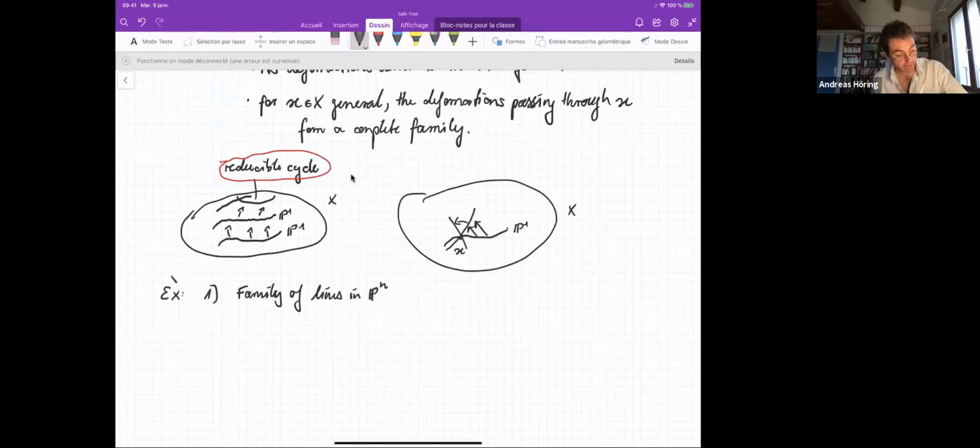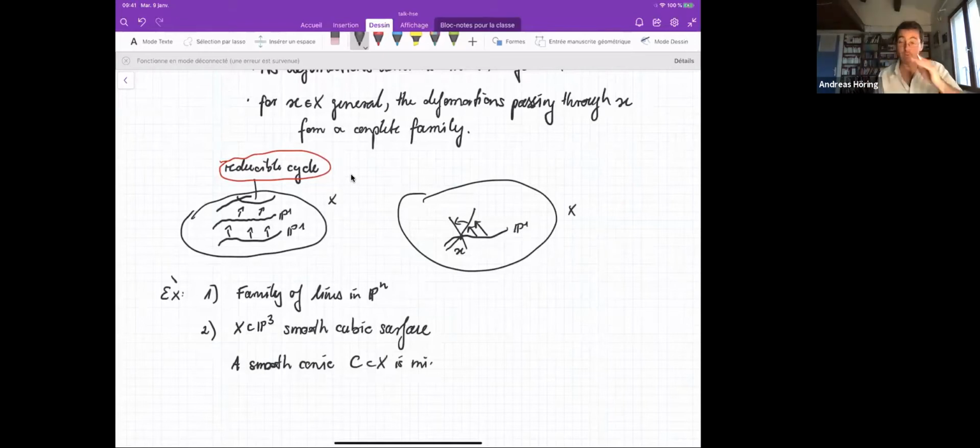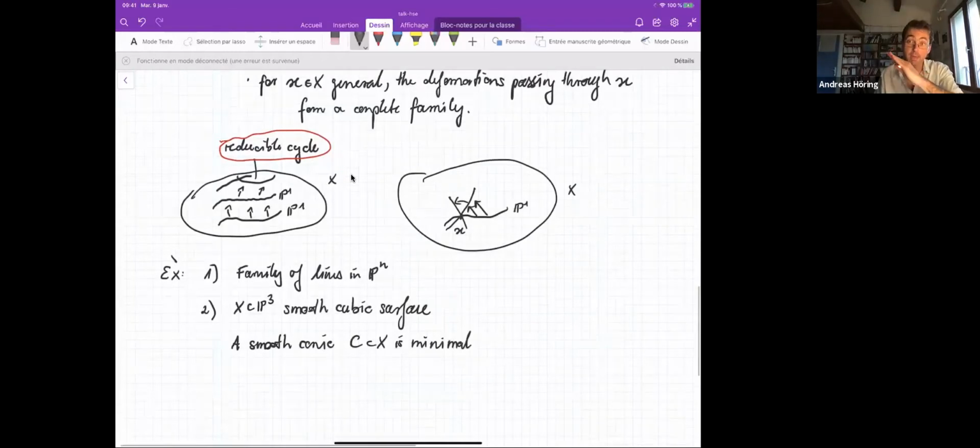A more interesting family: say you take X in P3, a smooth cubic surface, and now a smooth conic C in X is minimal. How can we see this? The smooth conic is contained in some plane.